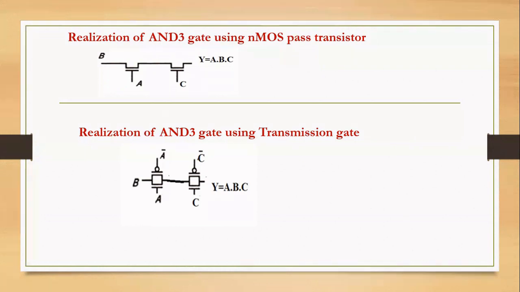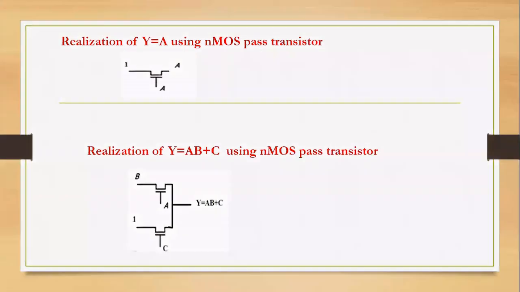Okay. It's very easy to implement logic gates using pass transistors and transmission gates. Here we don't require the power supply rails. There's no static power dissipation in the case of pass transistors and transmission gates. In this example, I have tried to implement a buffer.